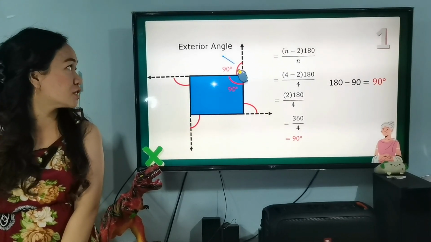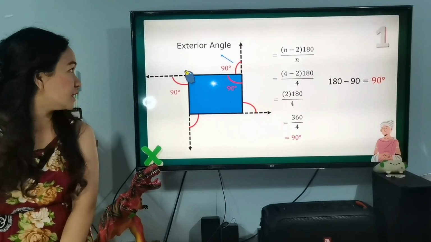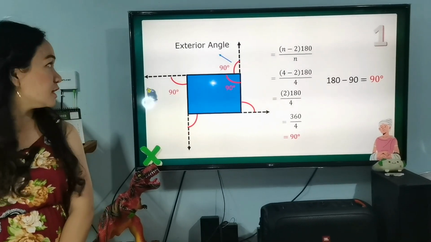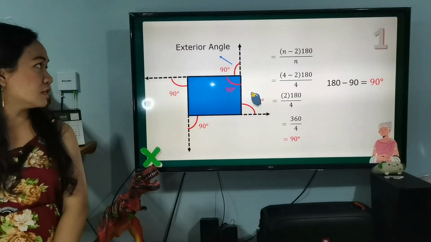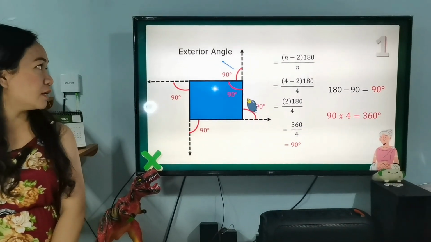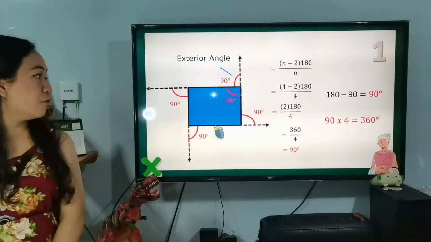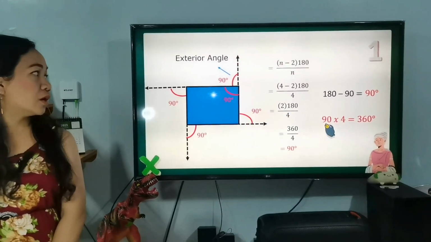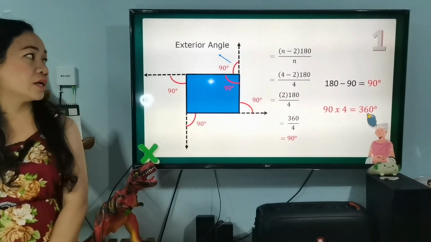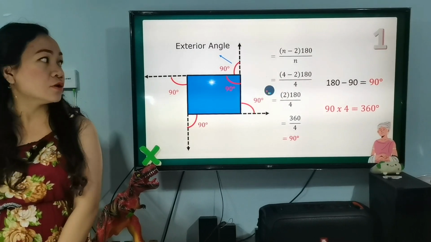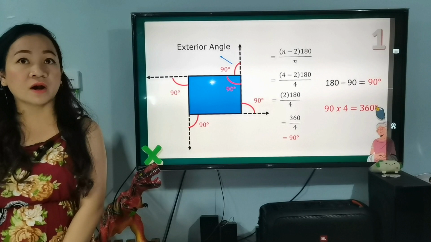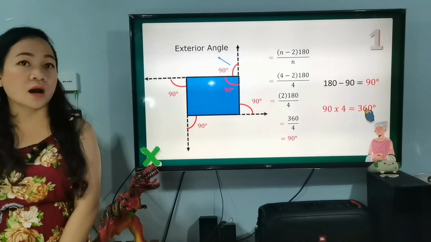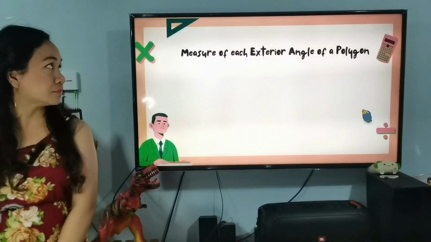Meaning each exterior angle measures 90 degrees. Here also 90 degrees, 90 degrees, and also 90 degrees. Since we have four angles, you multiply 90 times 4, which is 360 degrees. This is the measure of the exterior angles of our square, or our quadrilateral.